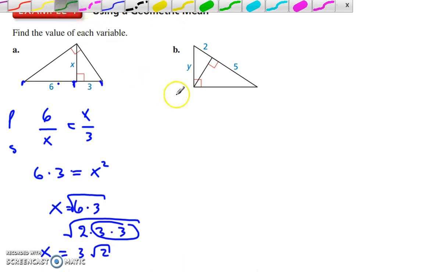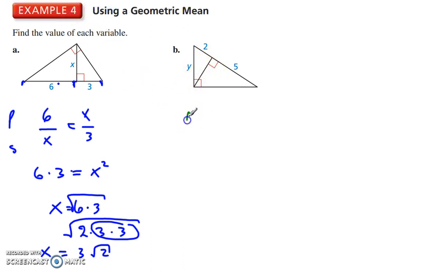All right, in problem B, we're using hypotenuse and leg. So hypotenuse and leg to set this up. Let's go with the big triangle first. The hypotenuse for that big triangle is 5 plus 2, and the leg is y.